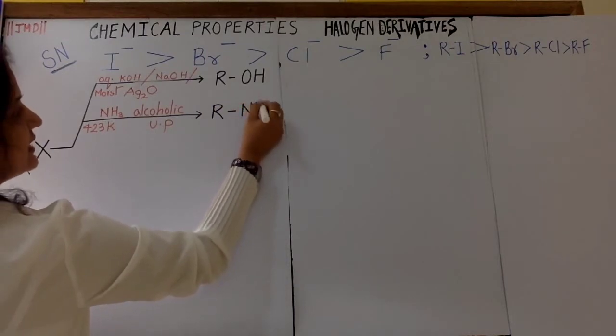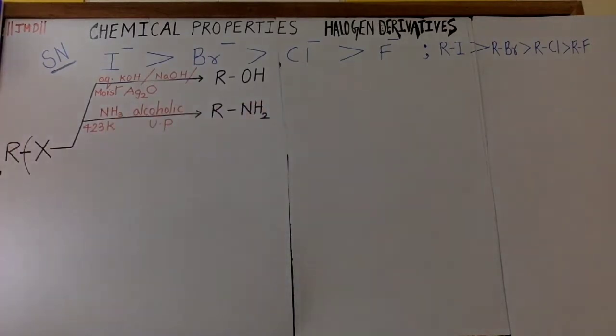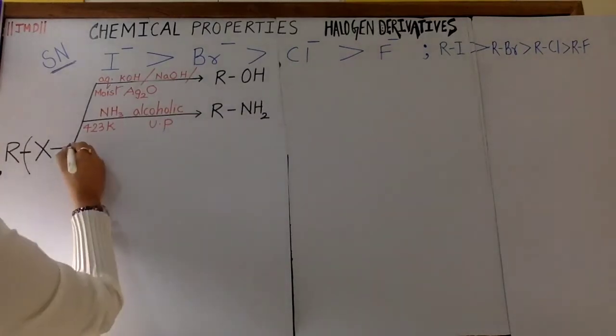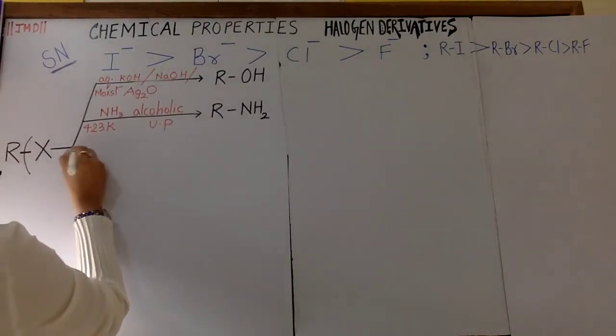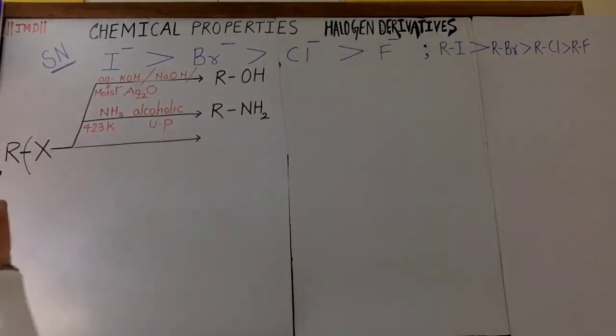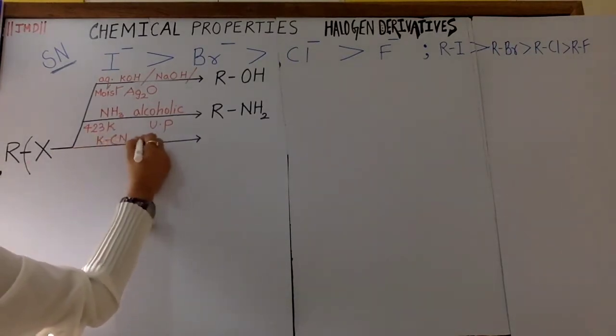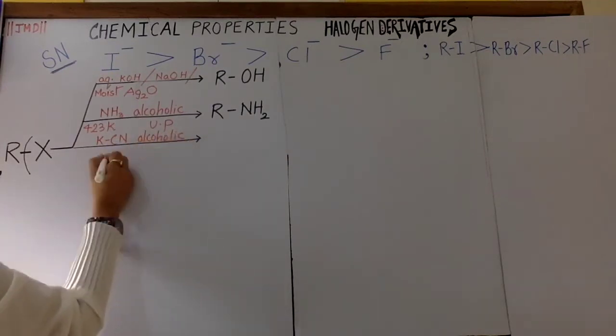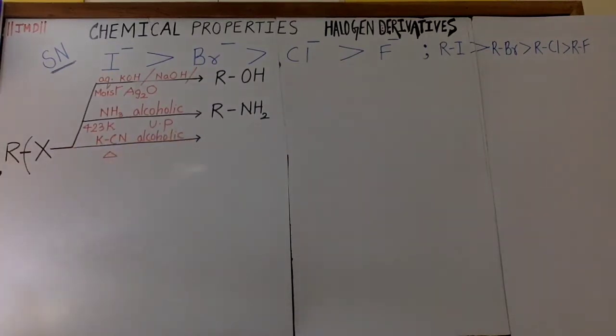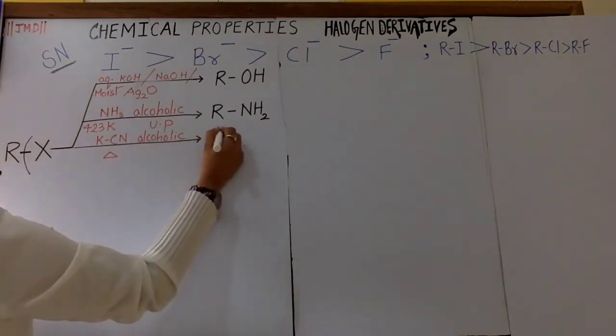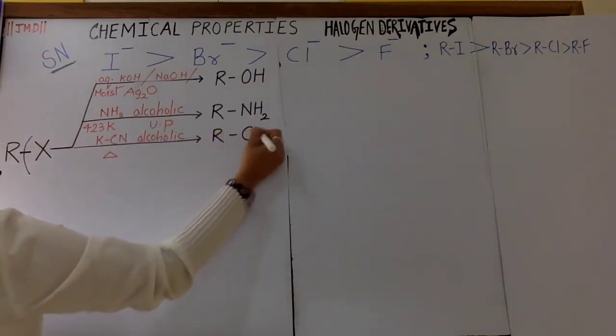So I get alkyl amine. Similarly, I can treat alkyl halide with KCN, which is alcoholic. Heating is required. The halide ion is replaced by cyanide group.